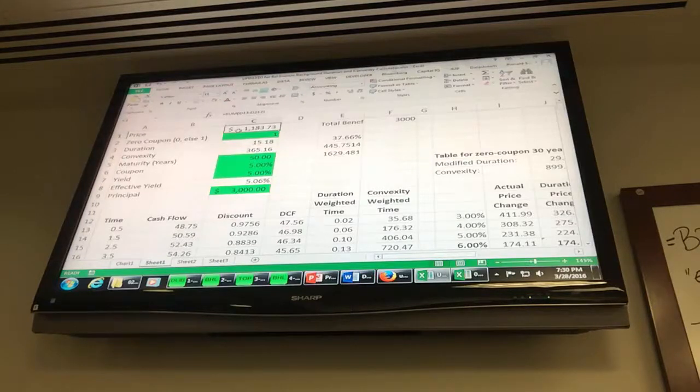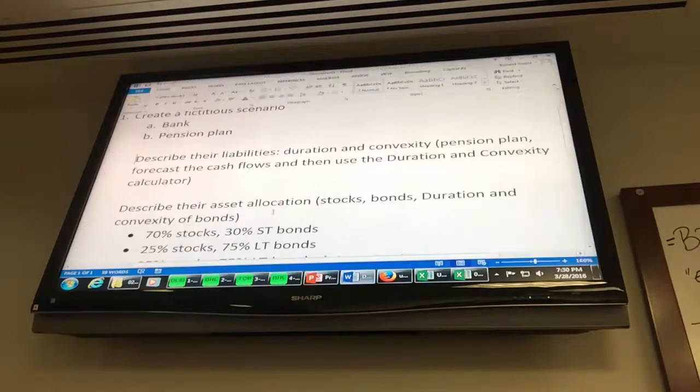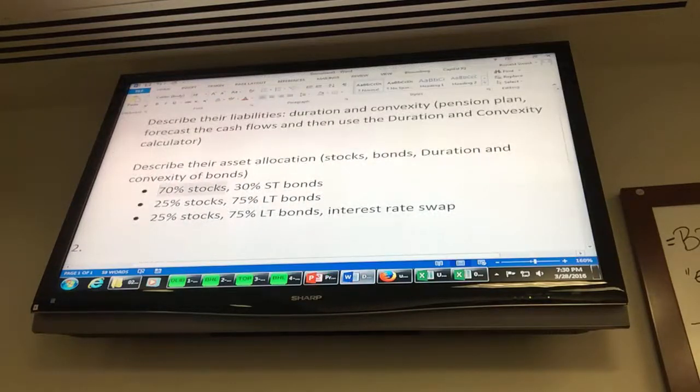And then once you have that, you know, you have what you have to work with, and then you say, you remember the dollar duration gap analysis. What's the duration of your assets? What's the duration of your liabilities? You've got the duration of your liabilities here. The duration of your assets, if I were you, I would ignore the duration of stocks because I don't think it works.